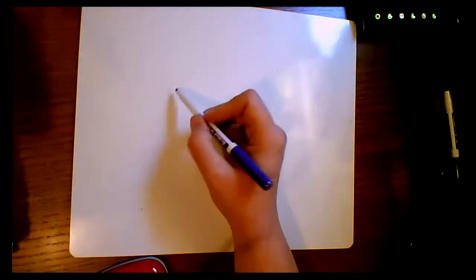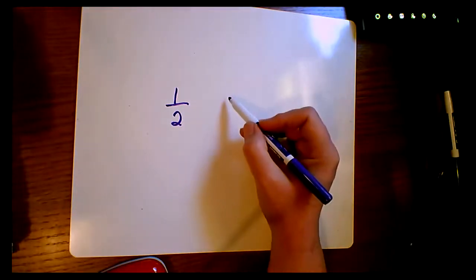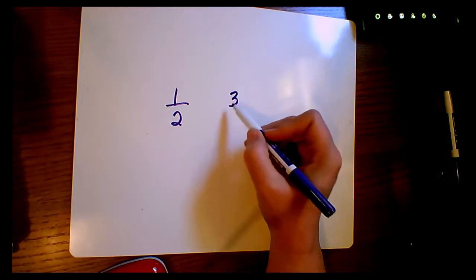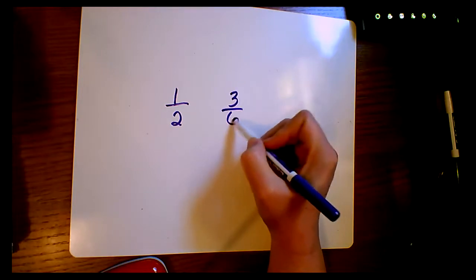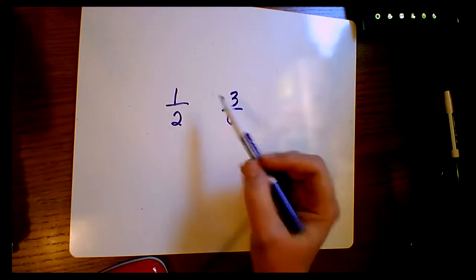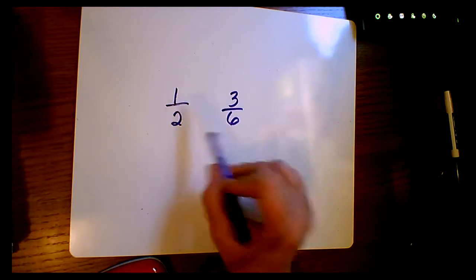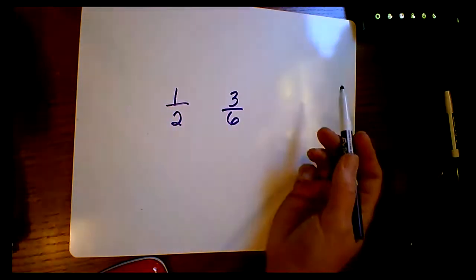So let's take a look at what that would look like. Okay, so here we have 1/2. And let's say we just choose one of the equivalent fractions that your child mentioned. Let's say that it's 3/6, okay? So I want to ask your child, how does the numerator in each fraction compare?